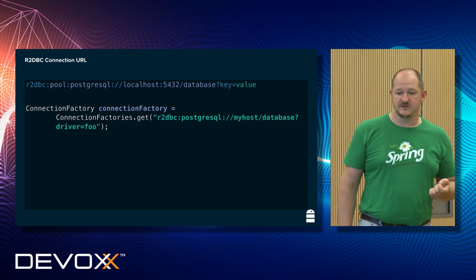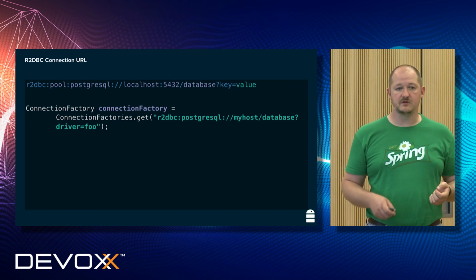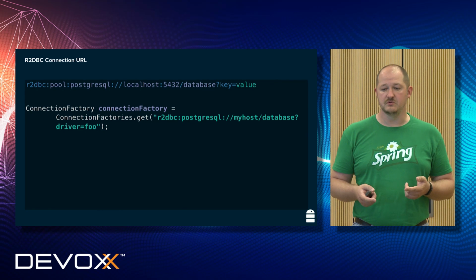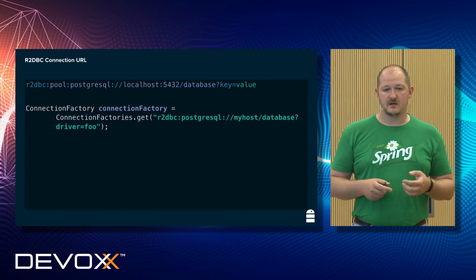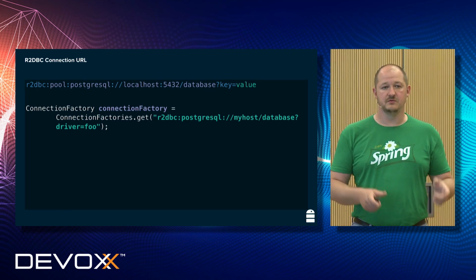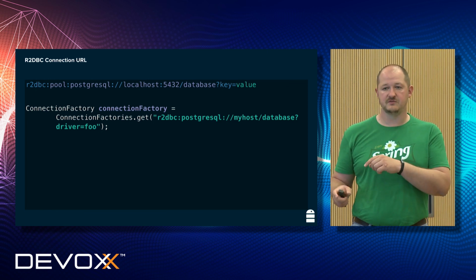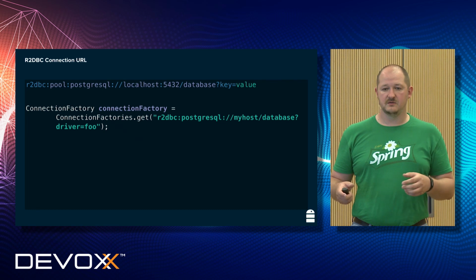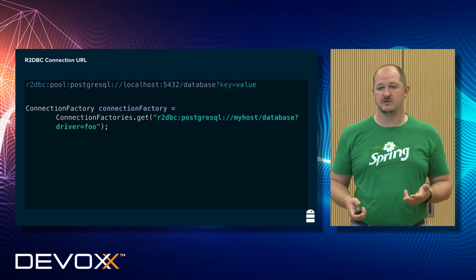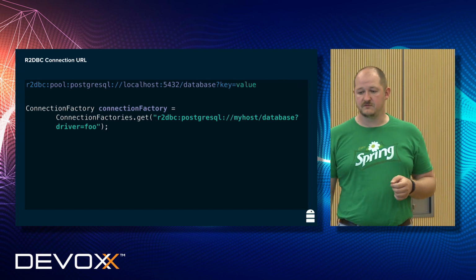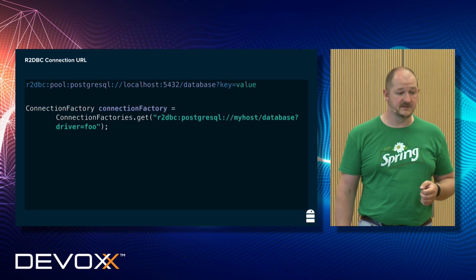We also have features like delegation, so that you can configure with a single URL not only your driver, but also things like a connection pool. In this example, this URL would be taken to the connection pool component, and the connection pool knows, okay, I need to delegate that to some driver component. By doing so, you set up the driver and the connection pooling with a single URL without even touching your own code. And this is one of the cool things in R2DBC.